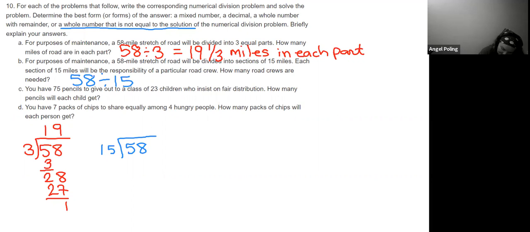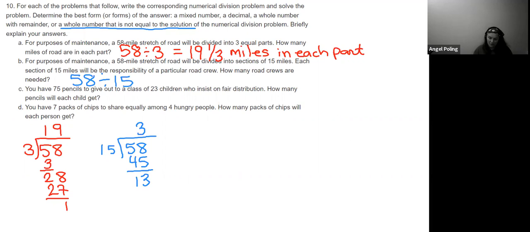So let's see, 3. And really, we're finding crew members, not sections, but that's 45. And then we have left over 13, right? So here we have 3 and 13/15 of a crew member needed.